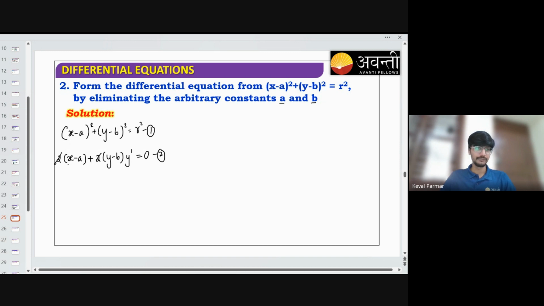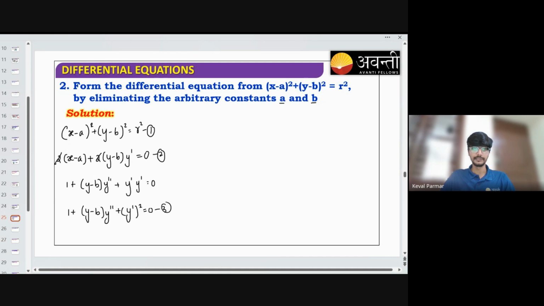Now let's again differentiate. If I differentiate this, I'll get 1 plus, here we have to use product rule. So y minus b into derivative of y dash plus y dash into derivative of y minus b, which is y dash, is equals to 0. So what I got is 1 plus y minus b into y double dash plus y dash the whole square is equal to 0.